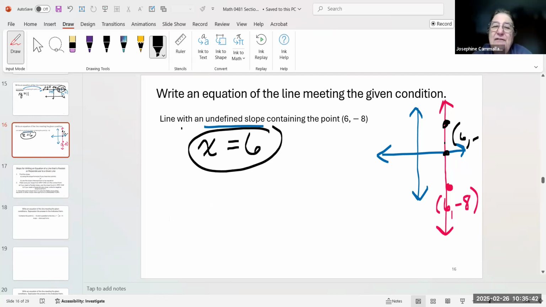Undefined slope is a vertical line. And this black dot was 6, 0. This dot could be 6, 8. But an undefined slope is a vertical line.